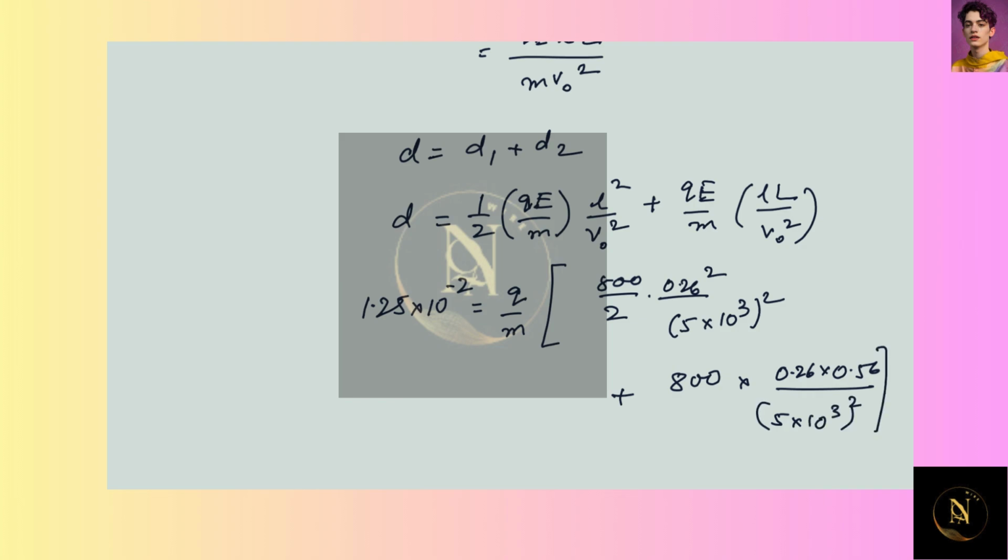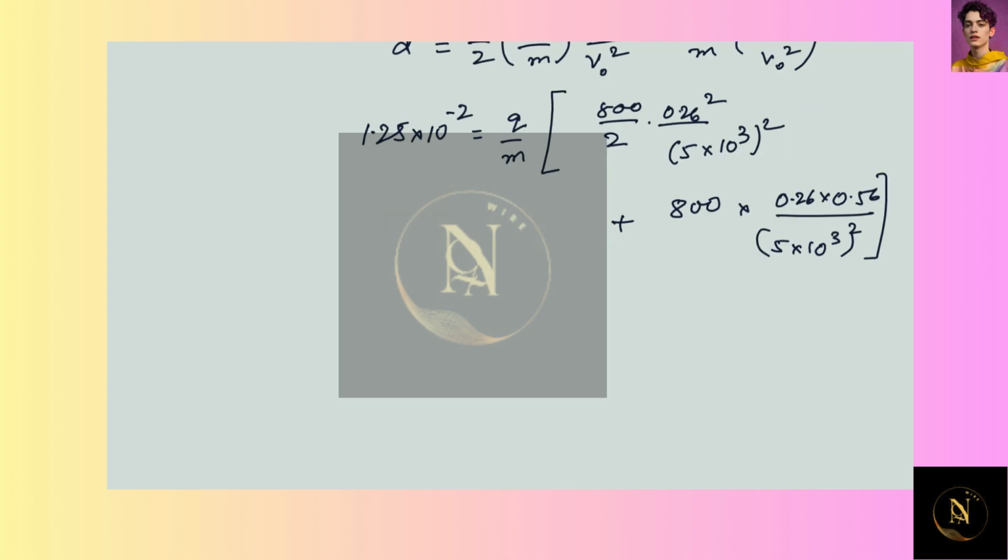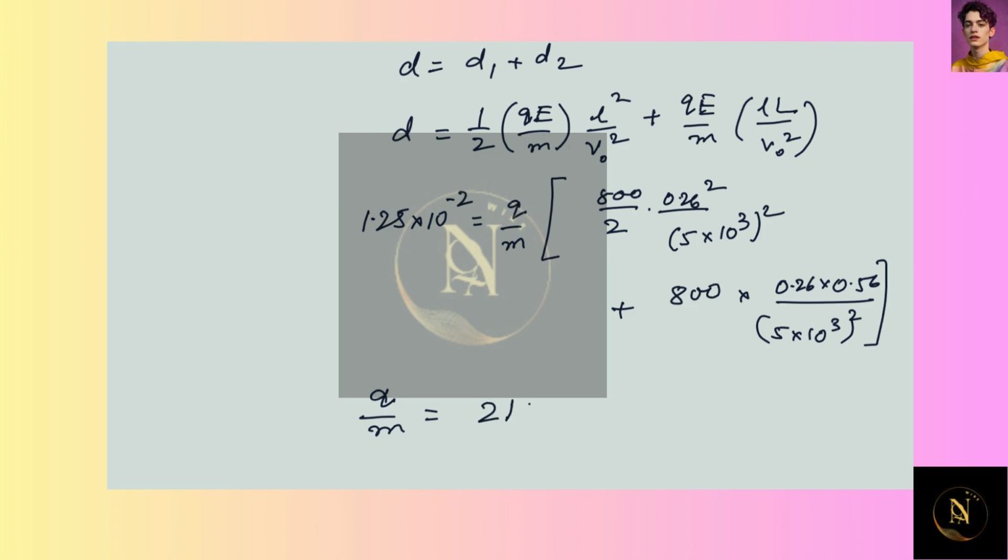So let's see how much we have for the ratio q by m. This is around 2178, the value of q by m.